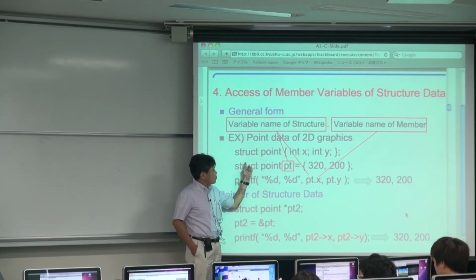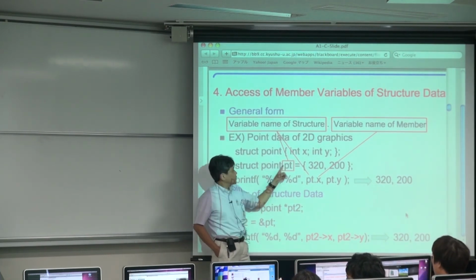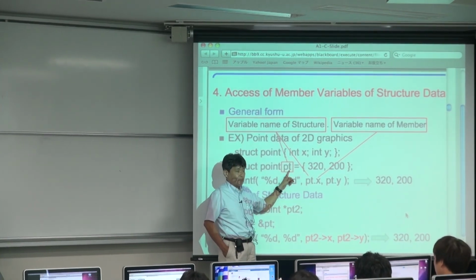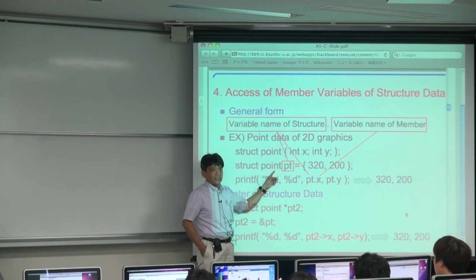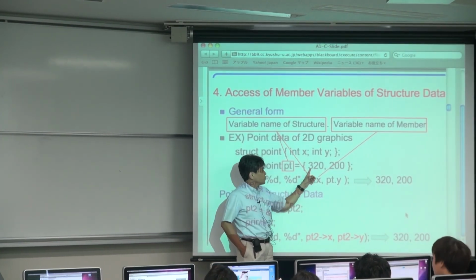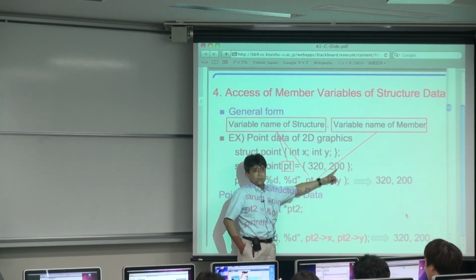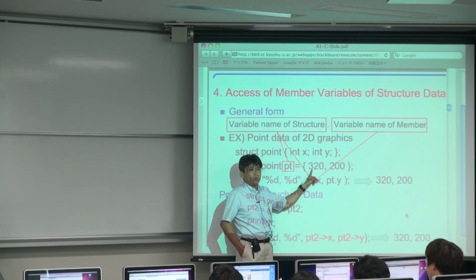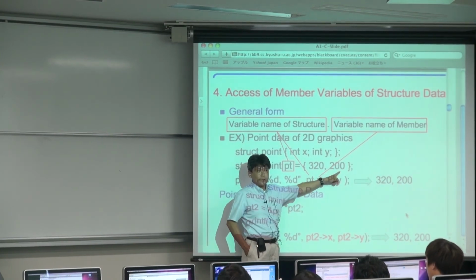And using this form, you can declare the variable pt. This is the variable name, and its type is the point structure type. So pt has an x variable and a y variable as its member variables. The initial values are 320 and 200.